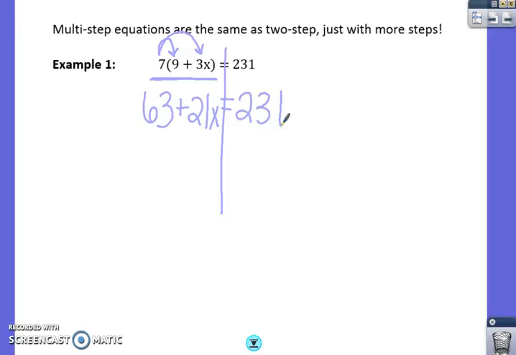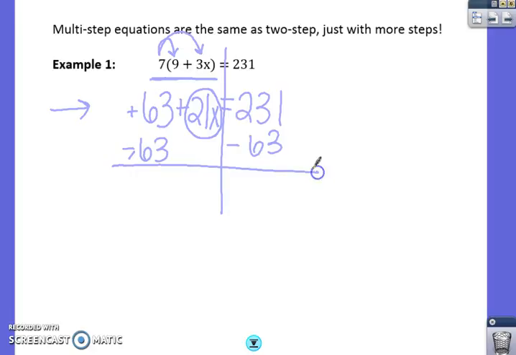I didn't touch the 231 at all. So right now I have a two-step equation. It's nice and easy. Now that I've gotten rid of that mess up top, I'm going to go ahead and circle the thing with my x. Remember, they're best friends. I got to get rid of the other stuff first. So how do you get rid of a positive 63? Go ahead and do a minus 63. The opposite of adding is subtracting. Minus 63.